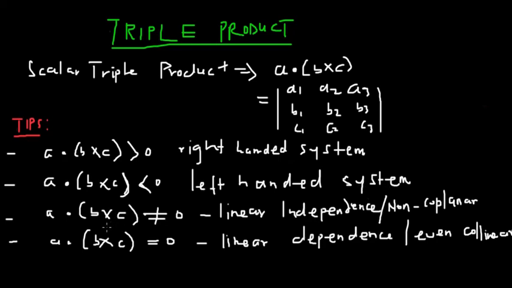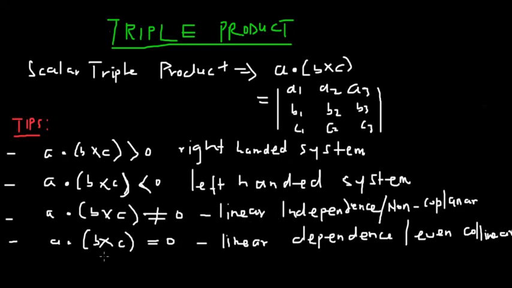And again, whenever you find your scalar triple product and your answer is not equal to 0, something like 1 or 2 or whatever, it means you have linear independence or a non-coplanar scalar triple product.